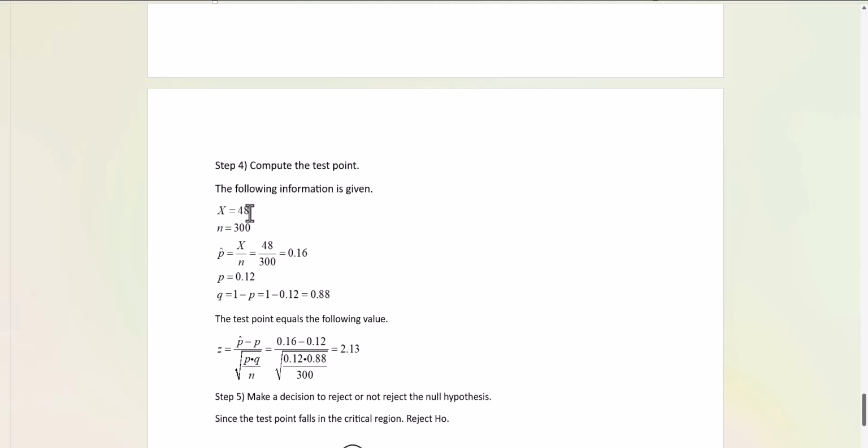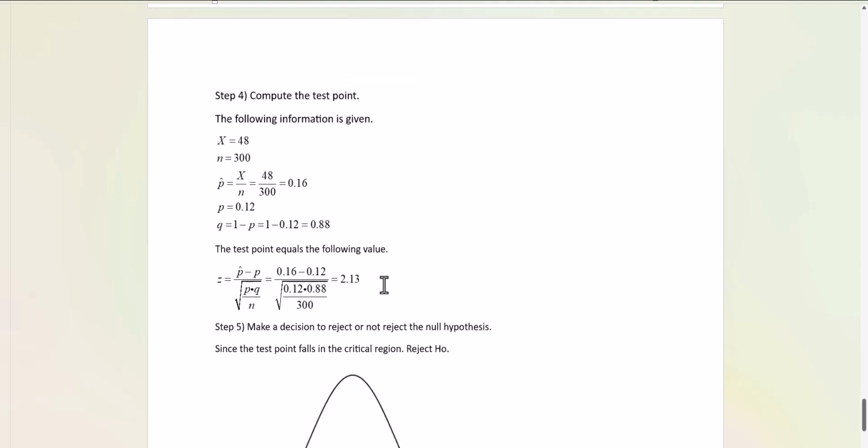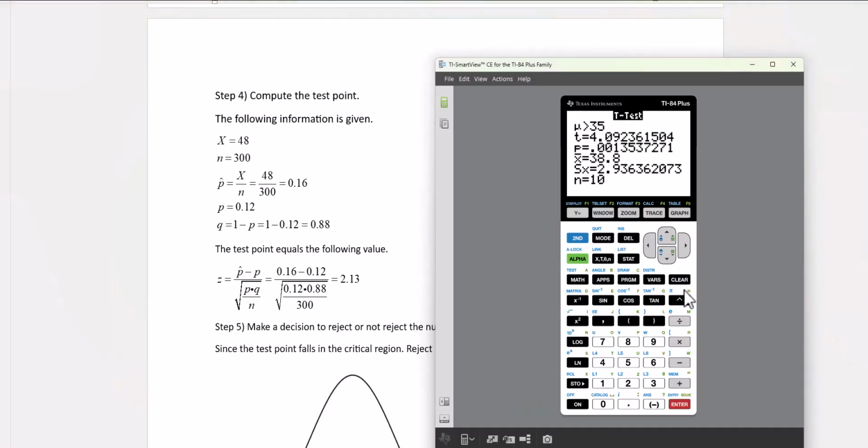So x is 48, n is 300. We take our sample proportion, p hat, it's x over n. 48 divided by 300 is 0.16. p is 0.12. q is 1 minus p. 1 minus 0.12 is 0.88. And we plug this information into the formula.